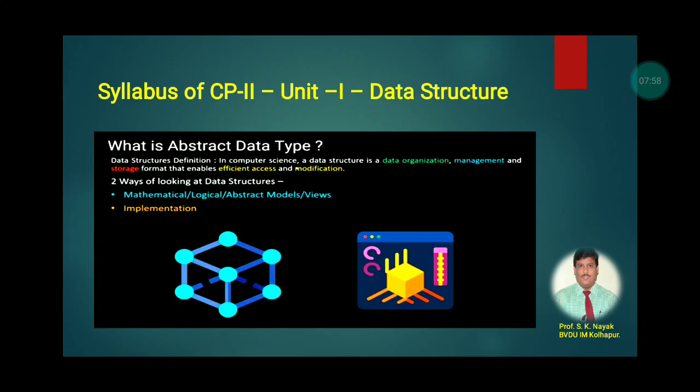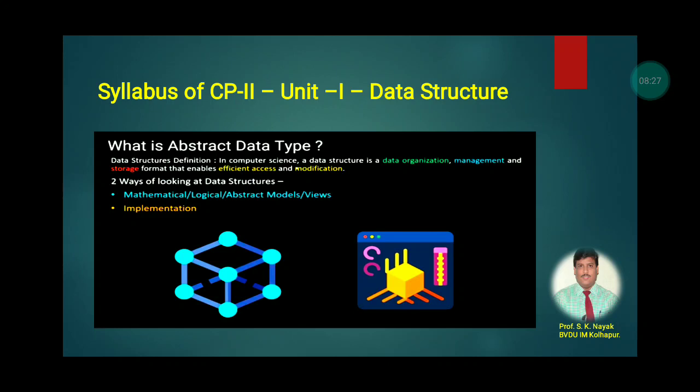So now this is the way we can define abstract data type. Data organization means we are arranging data in a systematic way, that is management. So we are managing the data, and we are storing, organizing, or managing the data in a particular memory, or we call it a storage format.